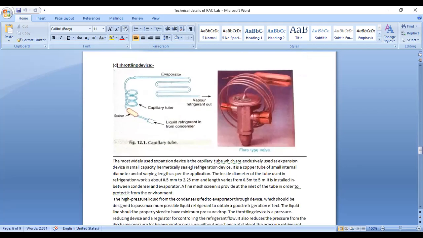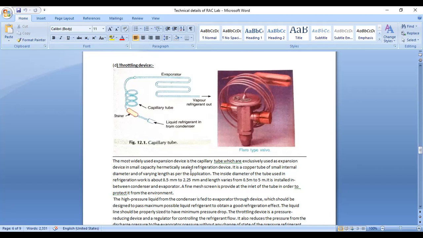Then comes one important and interesting component, that is the expansion valve, which is called the throttling device. The most widely used expansion device is the capillary tube, which is exclusively used as the expansion device in small capacity hermetically sealed refrigeration systems.